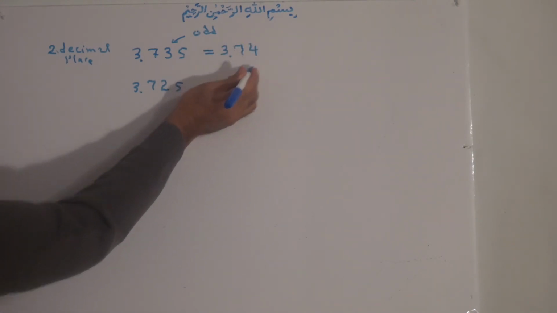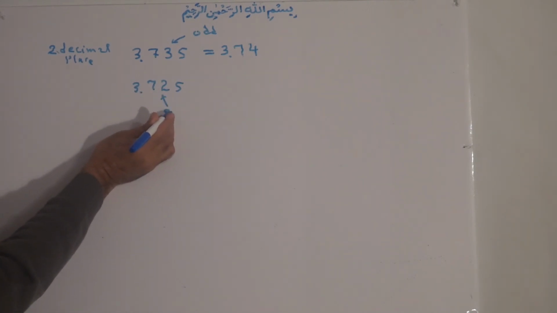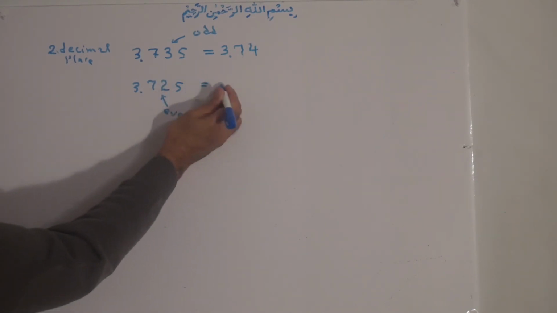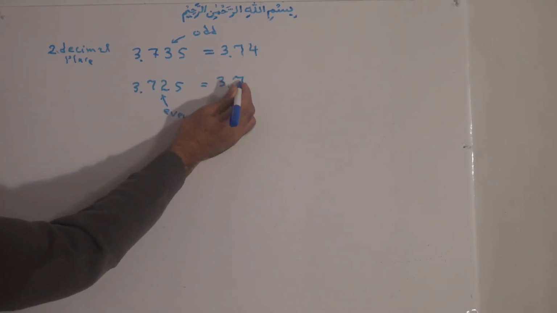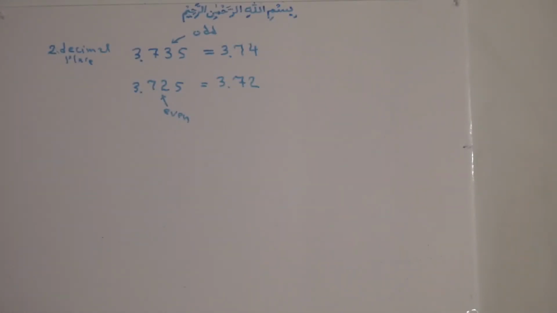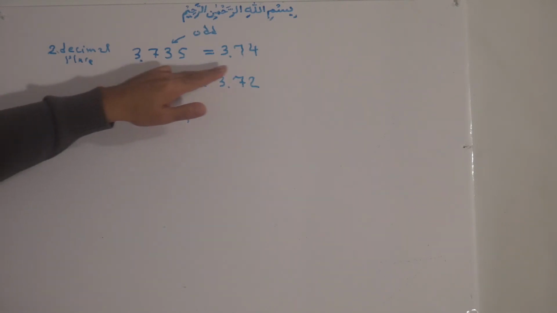So it becomes 3.74. If this one is even, we don't increase it, we write 3.72. It means that if they say 2 decimal places, and the number after the second decimal place is 5, and the digit before it is odd, we make it 4.